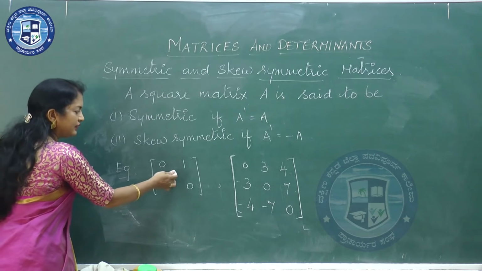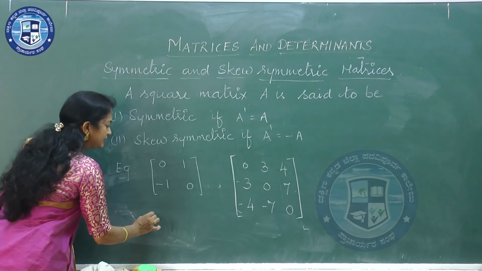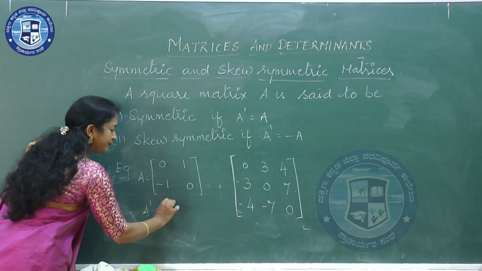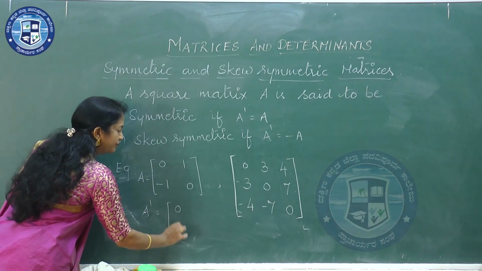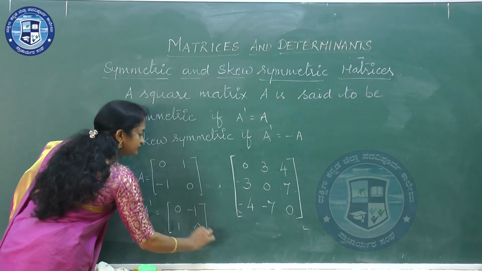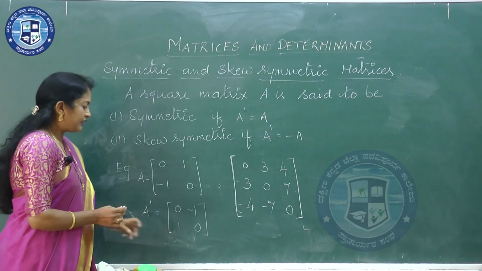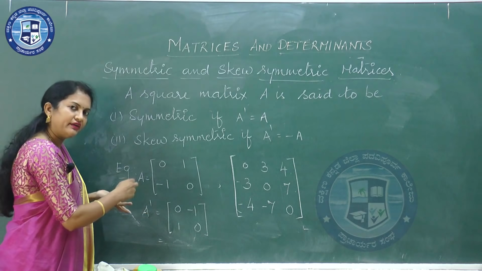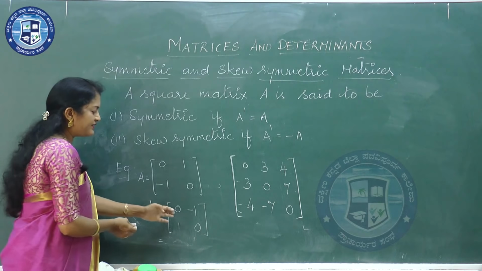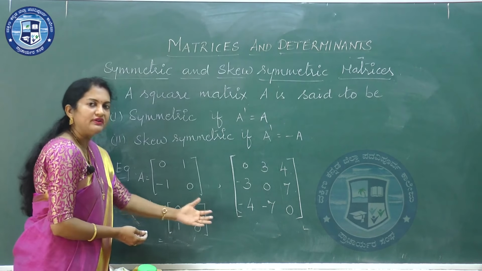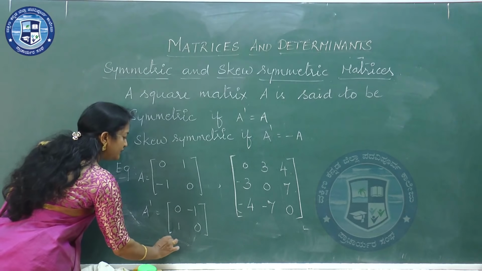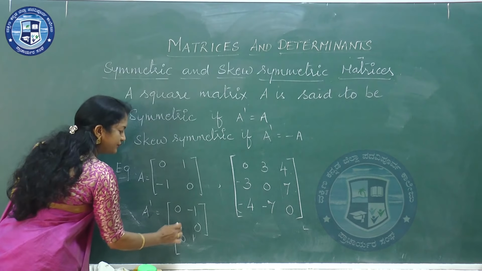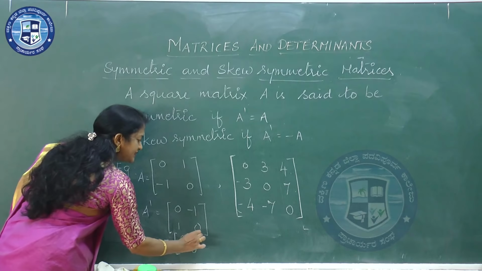Now we will see what is the transpose of this matrix. Suppose it is A, then A transpose is 0, 1, -1, 0. Now you take minus common from this matrix. That means from every element of the matrix we will be taking minus out. So what you will be getting? 0 is 0, minus 1 will become 1, 1 will become minus 1, 0 is 0.